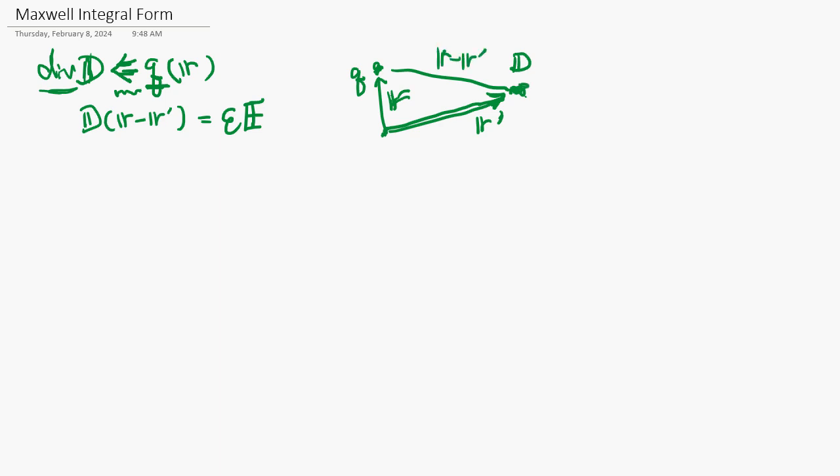How much D exists because of the Q here? That's what the equation is claiming. We know the divergence of D will be the Q.